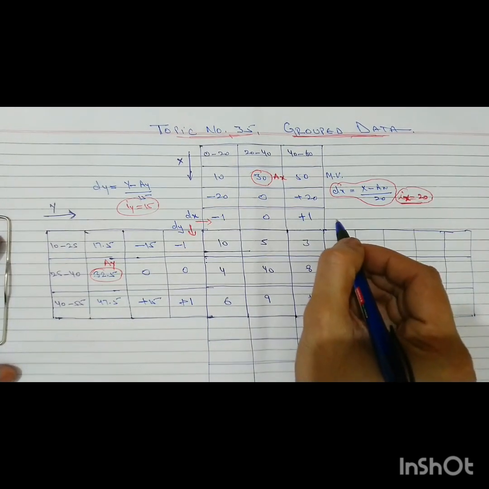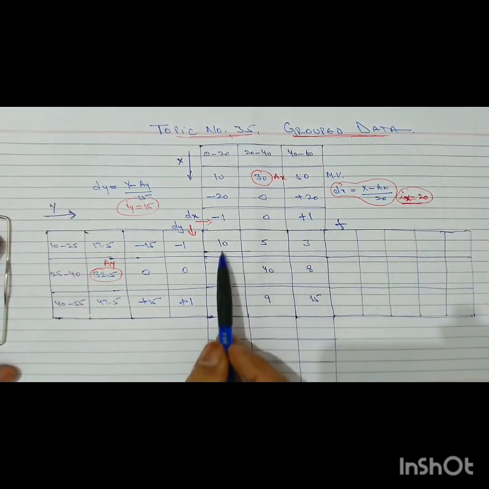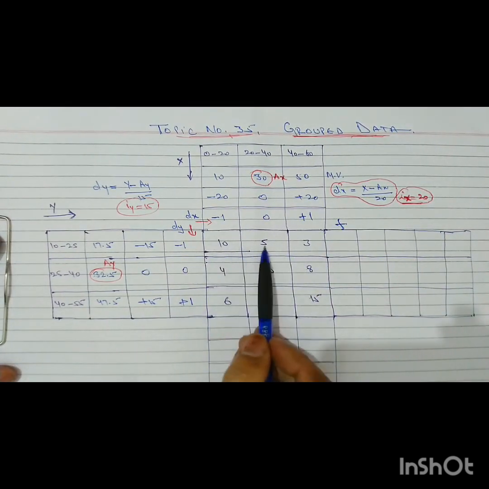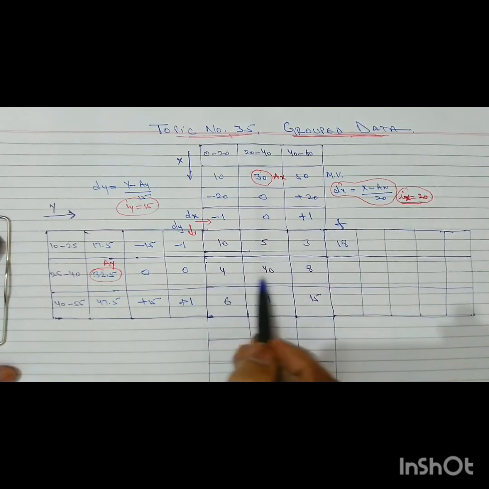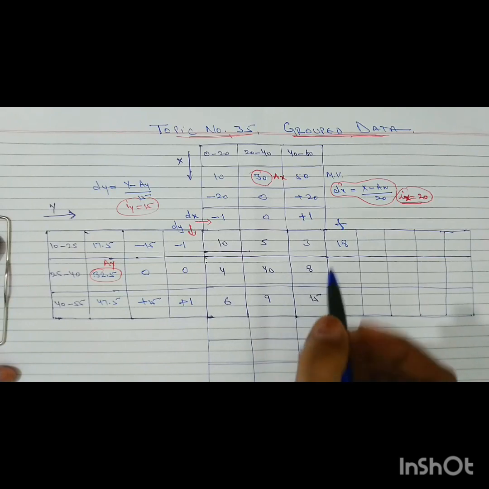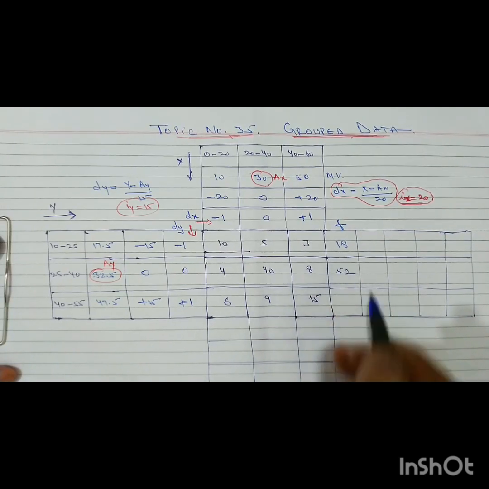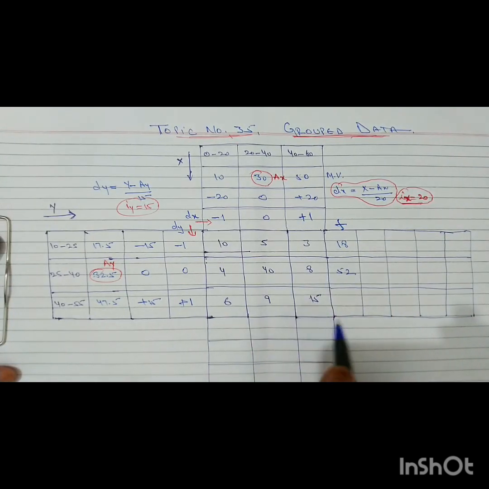Next find the frequency f. These frequencies are given. 10 plus 5 plus 3 is 18. 4 plus 40 plus 8 is 52. 6 plus 9 plus 15 is 30.